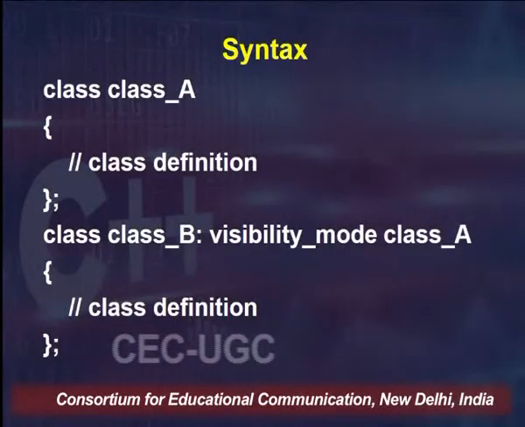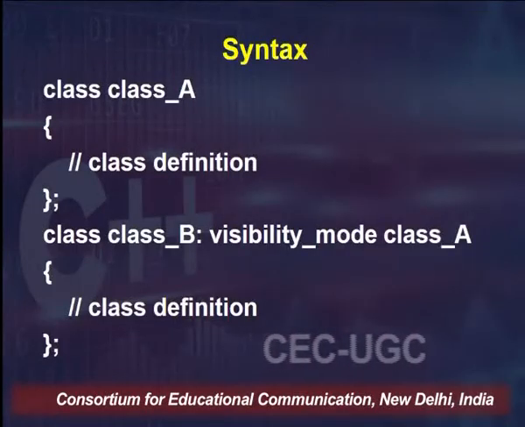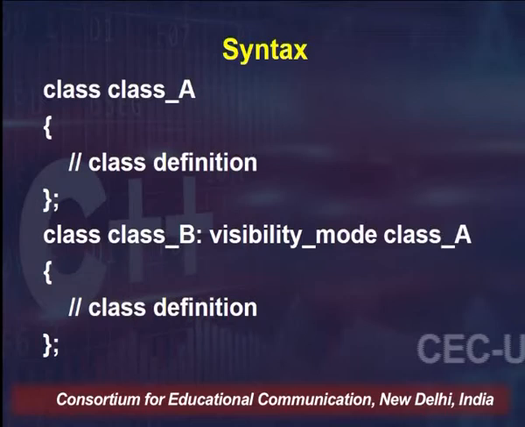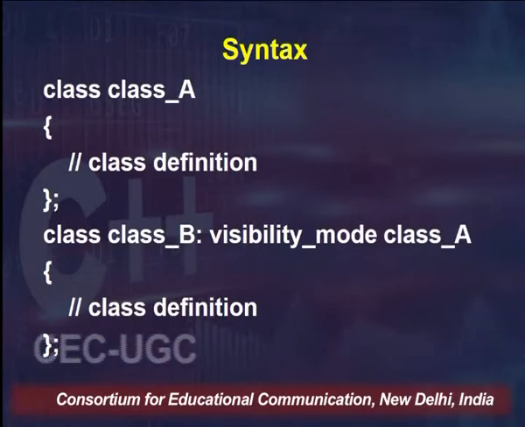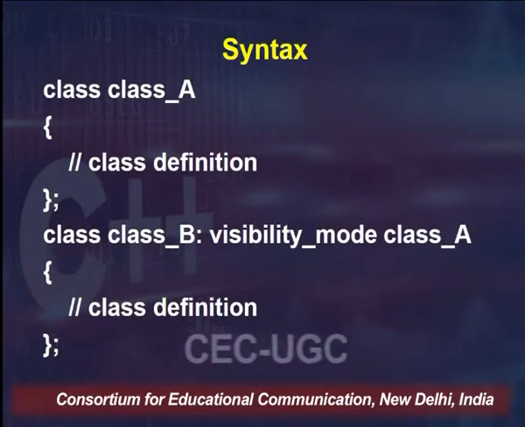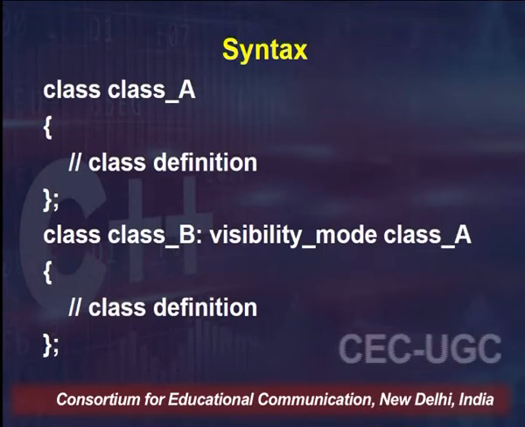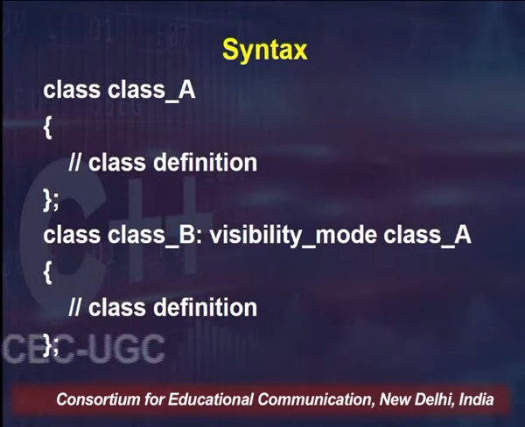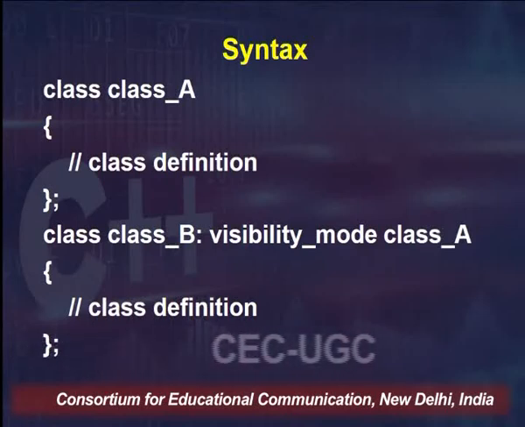Now let's try to see the syntax. So we have the topmost class at the root, class A, which is not inheriting any class, so class A is there. Then we have class B, which is inheriting class A, so definitely a visibility mode has to be there.